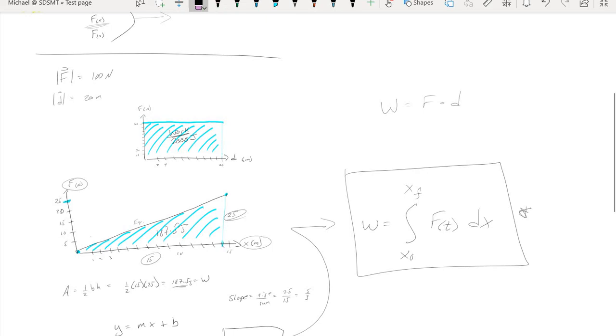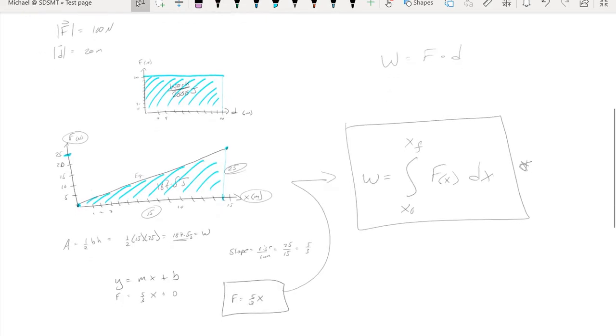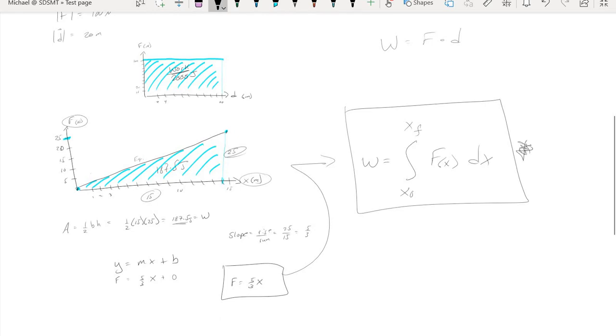If we did have a case where the force was changing with respect to time, then we would have to figure out some way of converting that function from time dependency to position. But that's a discussion for another day. For now, we just want to focus on getting through this example.